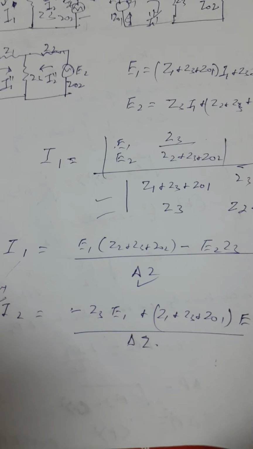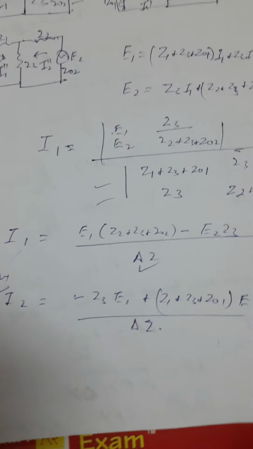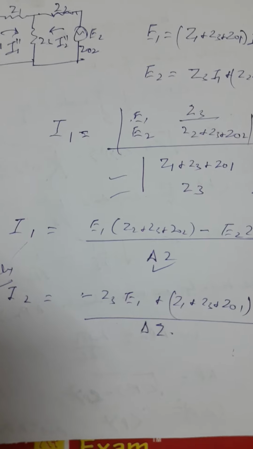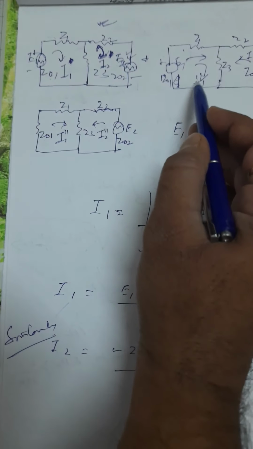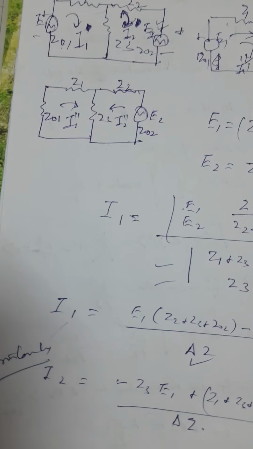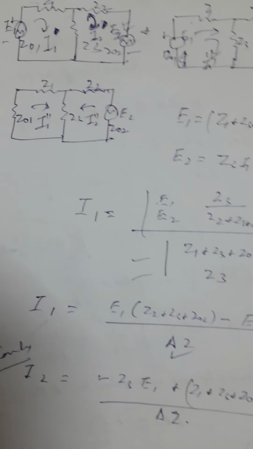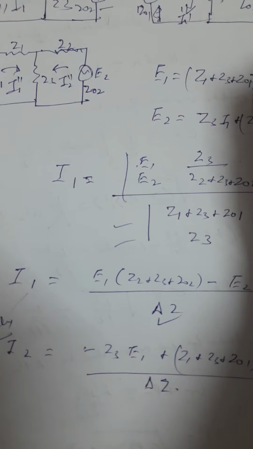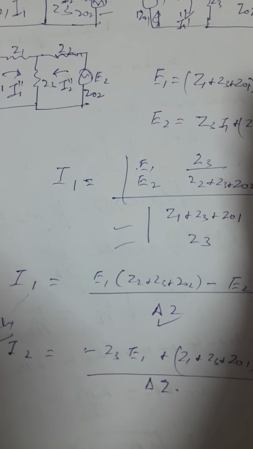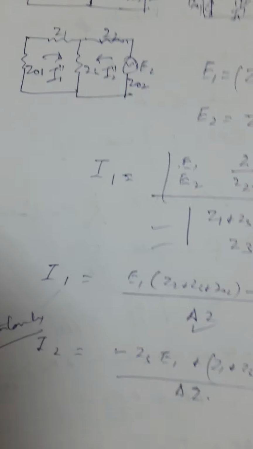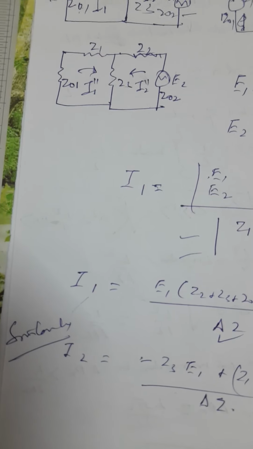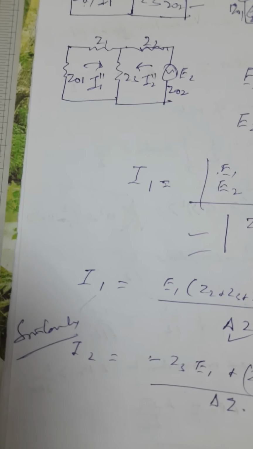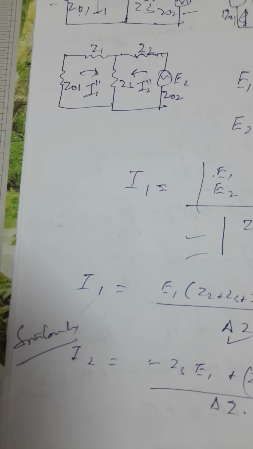Now, to prove the superposition theorem, we first find I1 prime and I2 prime by short circuiting. There is only ZO2, there is no E2 over here, so we have short circuited it. Then we find I1 double prime and I2 double prime by short circuiting the EMF E1.